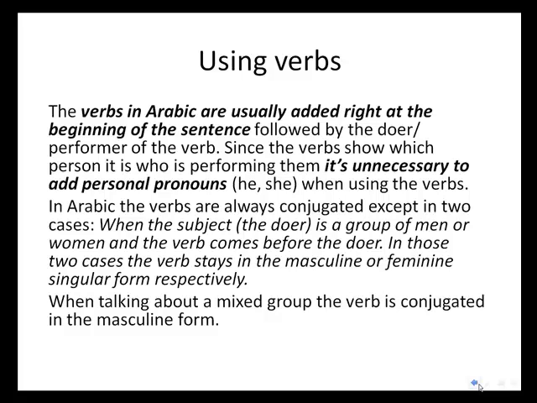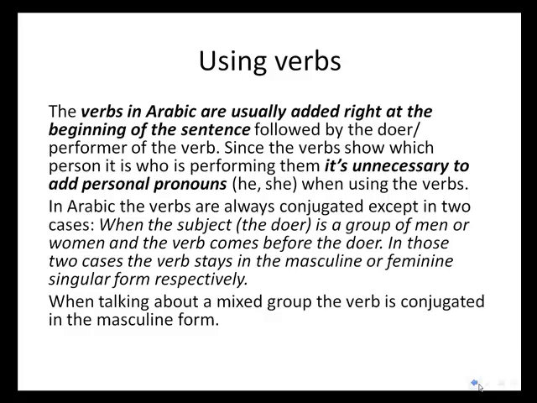In Arabic, the verbs are always conjugated depending on who is doing them, except in two cases: when the subject performing the verb is a group of men or women, and they are mentioned, for example, the teachers, the engineers, etc., and the verb comes before the group of doers.